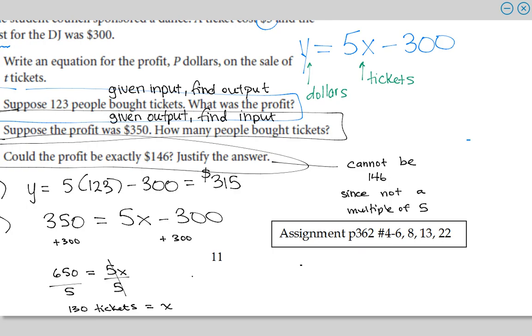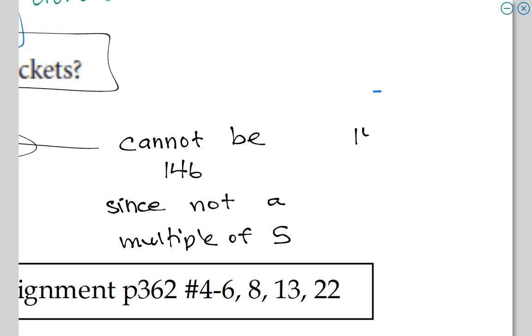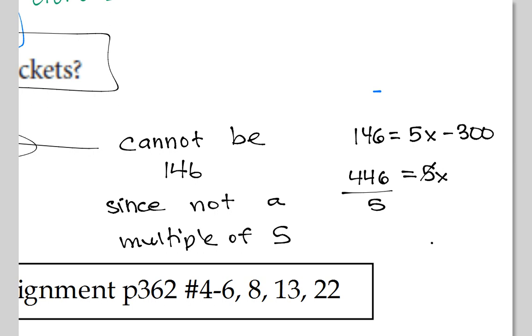Now, there is a subtraction in there, so you could even just double check this. 146 equals 5x take away 300. So then you add 300 on both sides. And then you divide by 5. And then you get a decimal answer.